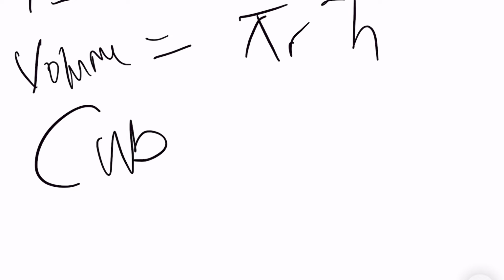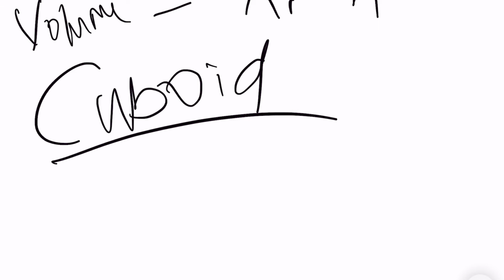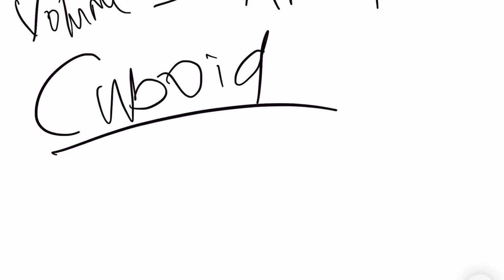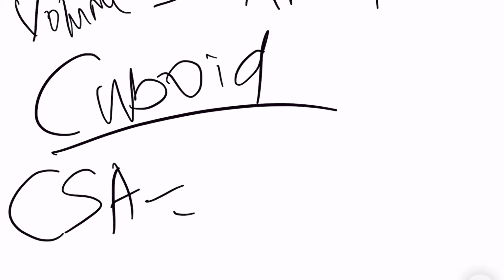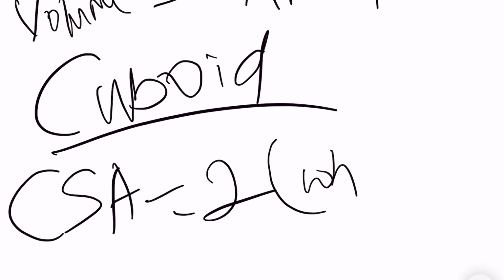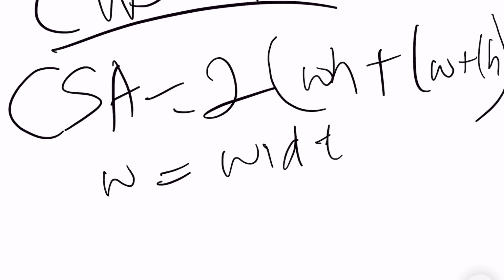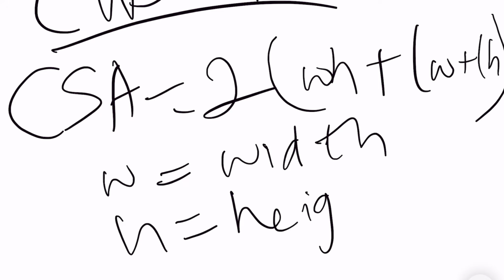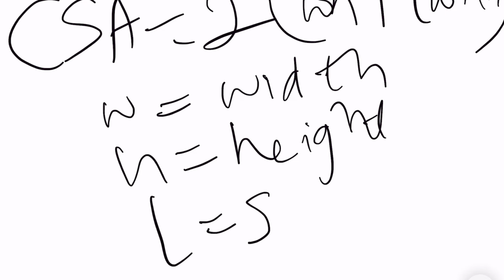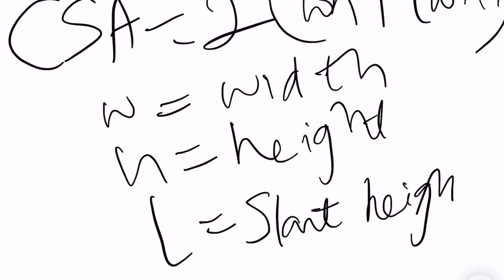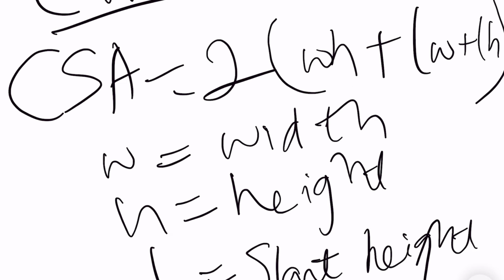Then for the cuboid, the curved surface area is 2 into bracket WH plus LW plus LH, where W is the width, H is the height, and L is the length.